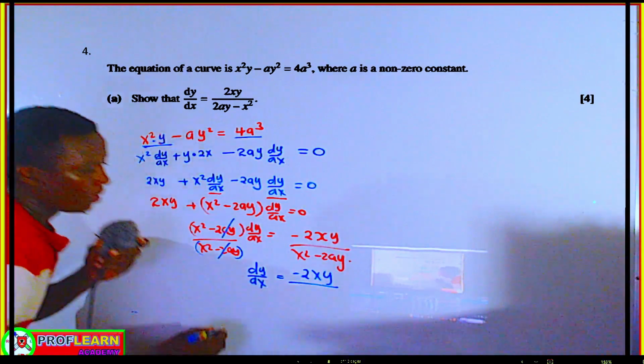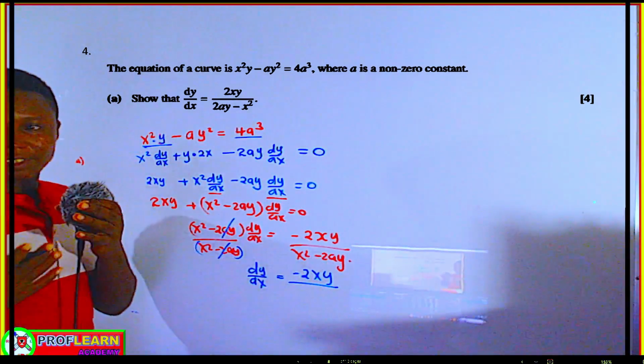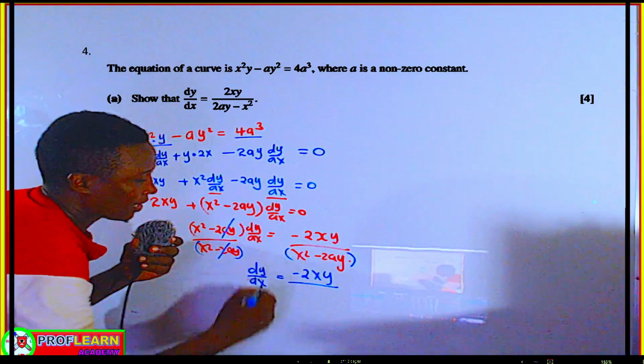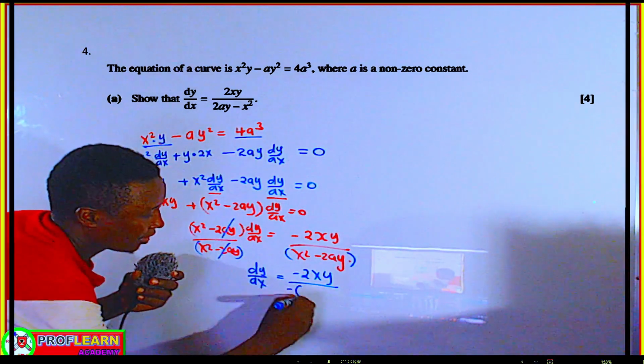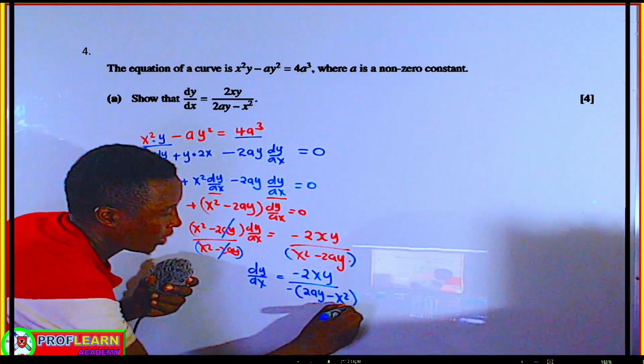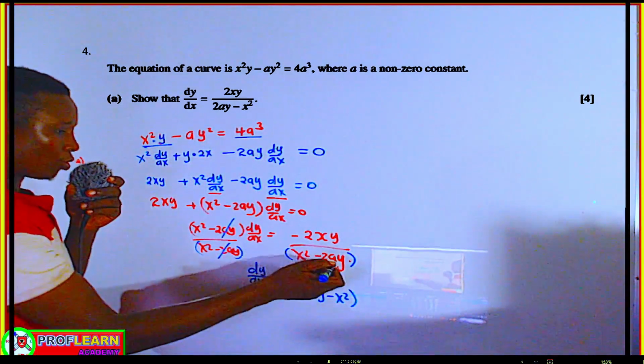But since this term should be at the beginning, according to the expression that we are supposed to show, we introduce a negative in the denominator: 2ay minus x squared, because if you open this bracket you get this negative, and it goes back to here.